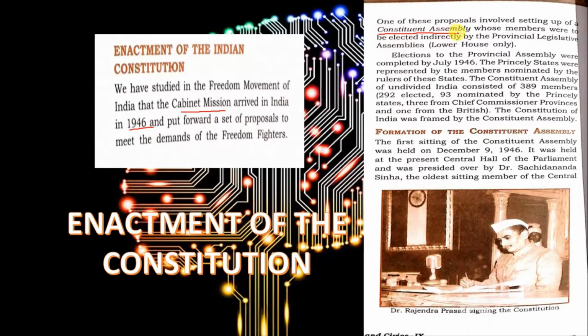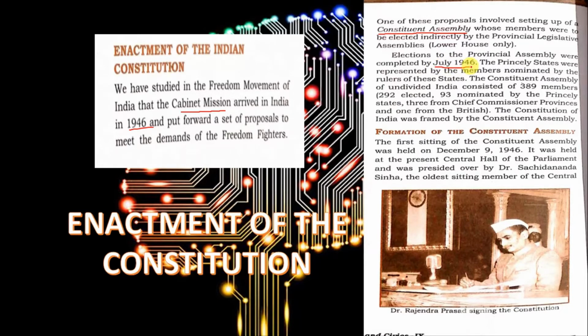The Cabinet Mission put forward many proposals, and one of them was to set up a Constituent Assembly, whose members were to be elected indirectly by the provincial legislative assemblies, that is, the lower house only. The elections to the provincial assemblies were completed by July 1946. That is the first election.